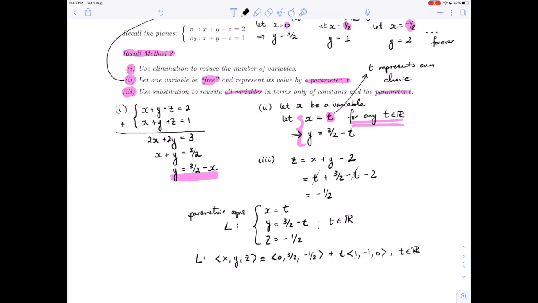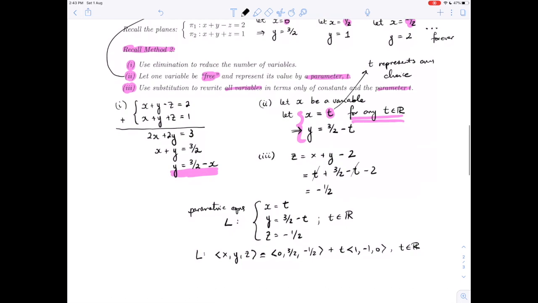So this is an algebraic approach using free variables to find the line of intersection of two planes. Here's my final answer using this algebraic method.